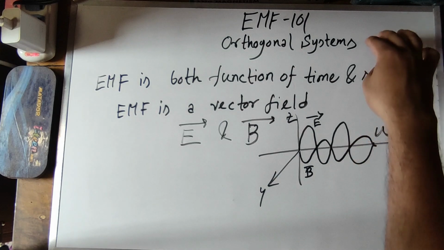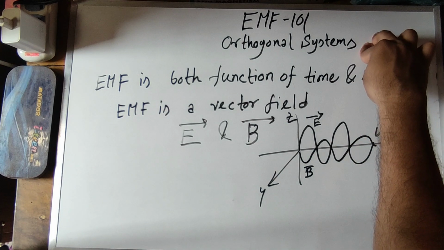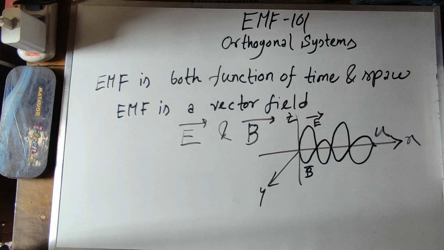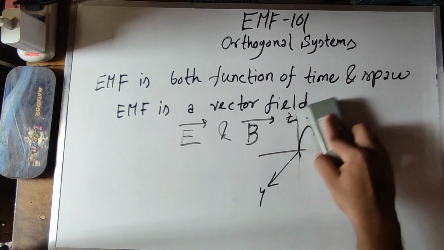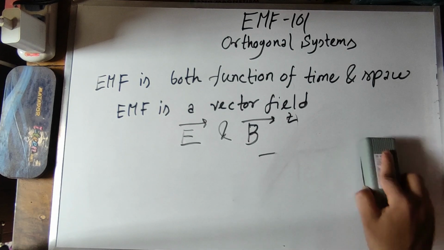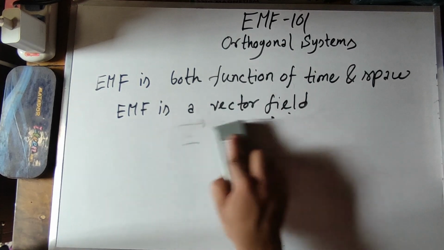That's why we need to understand what orthogonal systems are. Orthogonal coordinate systems are systems in which the coordinates are mutually perpendicular to each other.